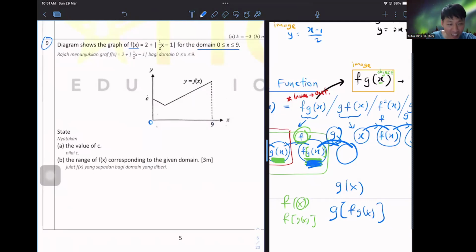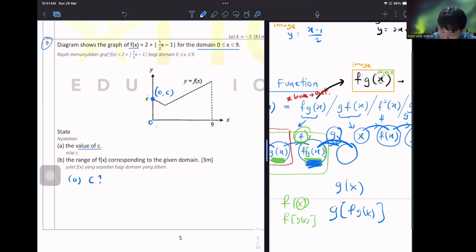For A, state the value of C. You're finding the C value. C is over here. No need to use any special formula like normal mathematics. That coordinate is on the y-axis, where x equals 0, if you remember that.